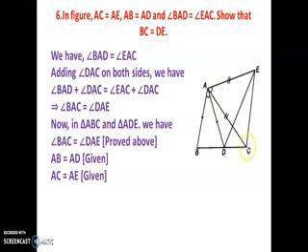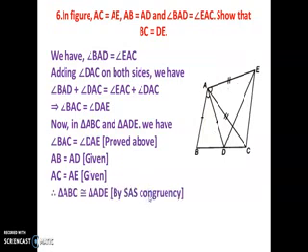Likewise, AC is equal to AE, AC is a side of triangle ABC and AE is a side of triangle ADE. So, according to the SAS congruency rule, these two triangles are congruent to each other, isn't it?